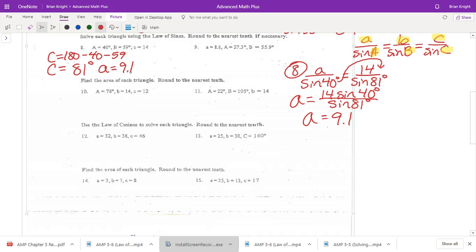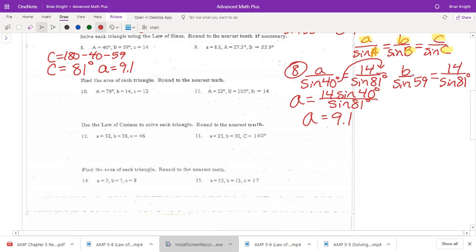I think we did this problem on our homework because these numbers are looking really familiar. All right. Did we do anything different to find little b? No. Only one thing. We plug in the b stuff. So this time is going to be b over the sine of not 40, because angle B is not 40. What's angle B? 59 equals 14 over the sine of 81.